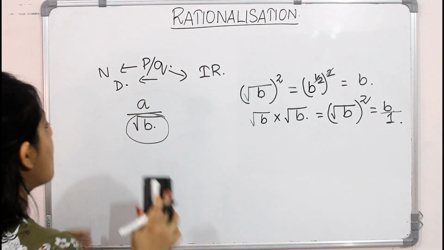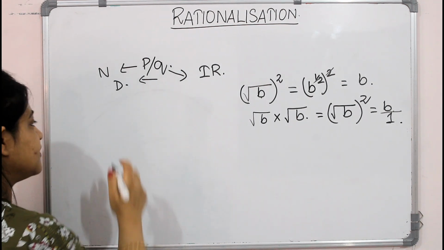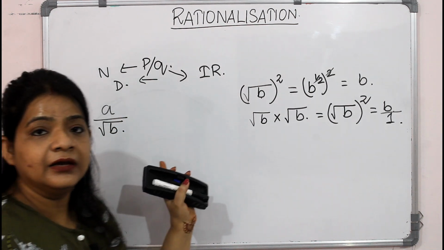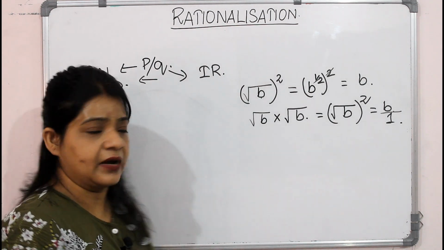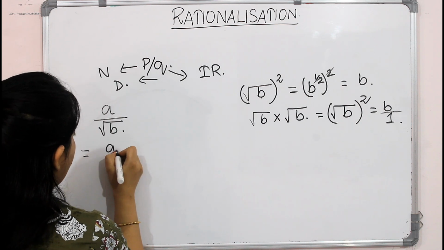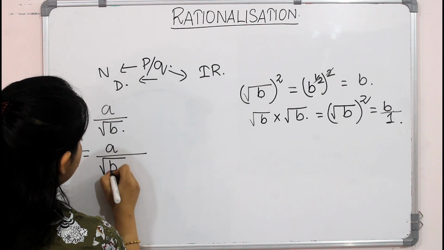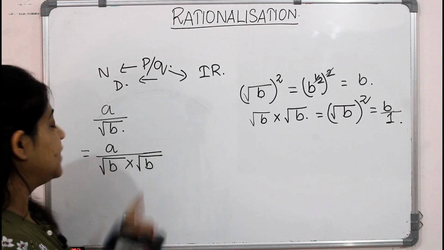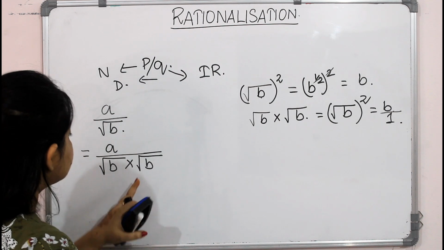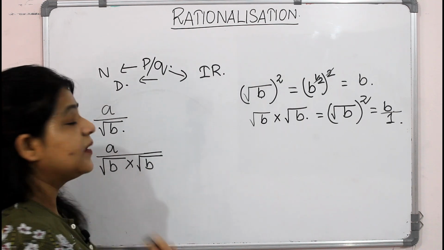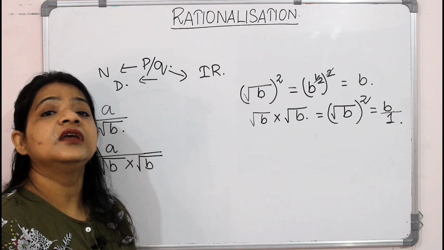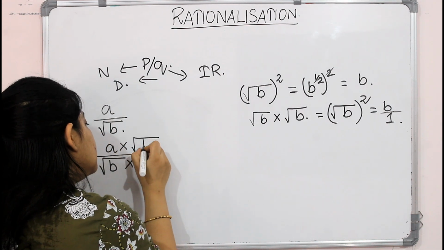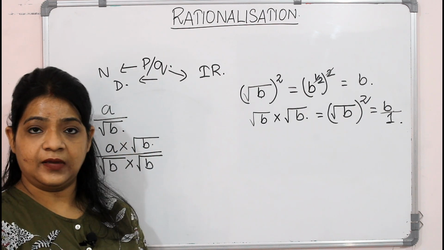So let's see how rationalization is done. A by root b. Clearly root b is an irrational number. Now I will multiply this by root b into root b. Since I am multiplying root b in the denominator, it is necessary to multiply root b in the numerator as well.